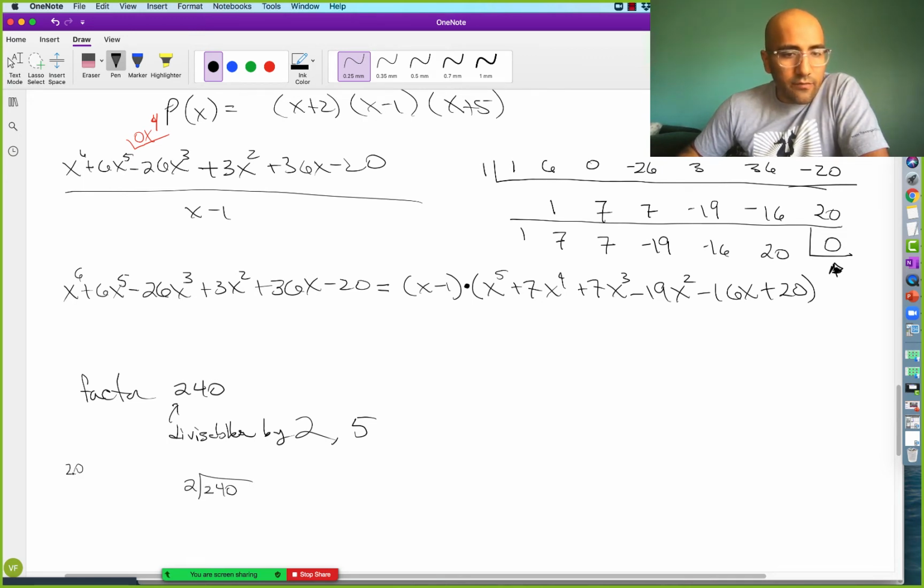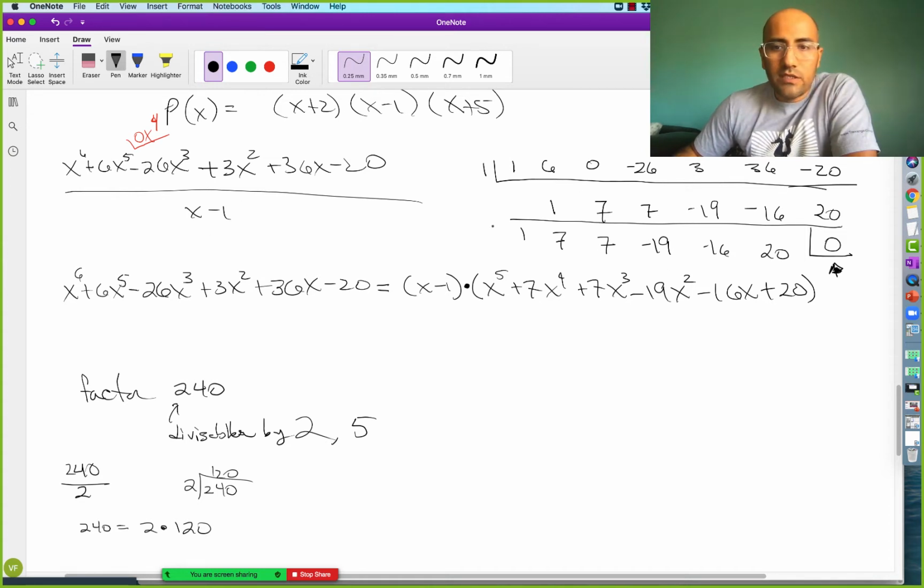240 divided by 2. You do all this work and you get that that's 120. So then you get to say that 240 is really equal to 2 times 120. That's equivalent to what we did here. We have our polynomial. We knew this was a divisor, so we divided it.